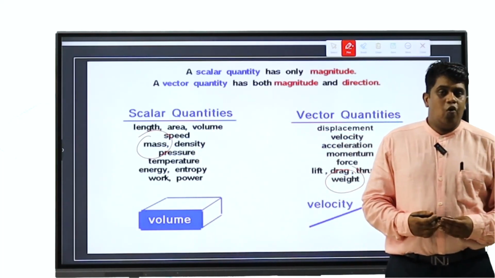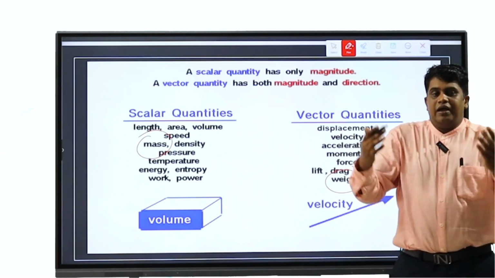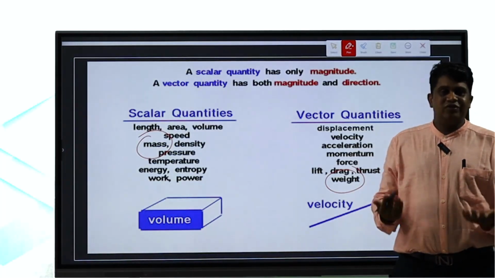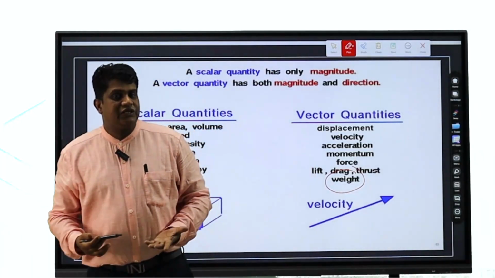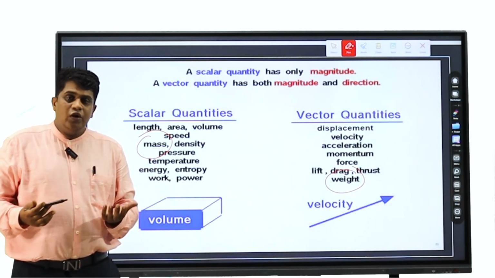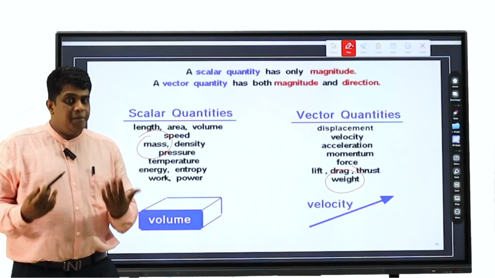When we go to the moon, there is no change in mass. But if we go to the moon, there is no weight. Why is there no weight? Because there is no gravitational force. Gravitational force is what actually provides direction to weight, so weight has both direction and magnitude.